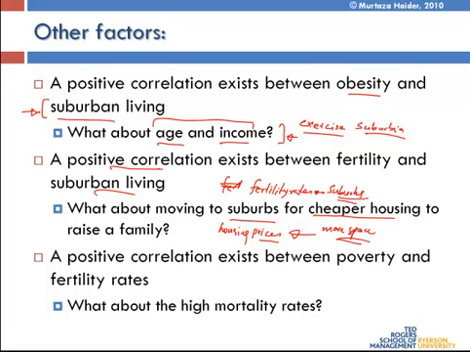Now, what about poverty and fertility rates? Yes, it is true that low-income countries have high fertility rates, but low-income countries also have high mortality rates, and there's something called the replacement effect. Fearing that the children born in low-income countries may die of disease or some other reason, households produce more children to compensate for any future losses.